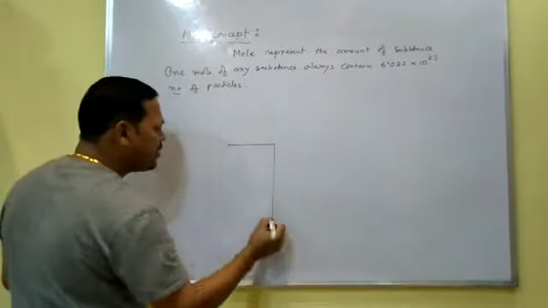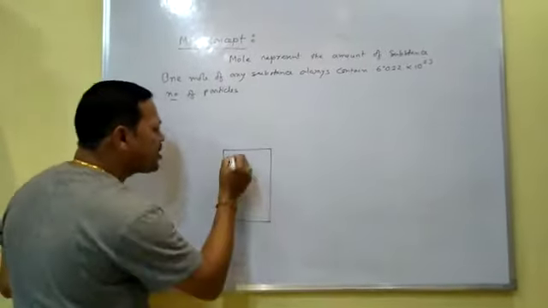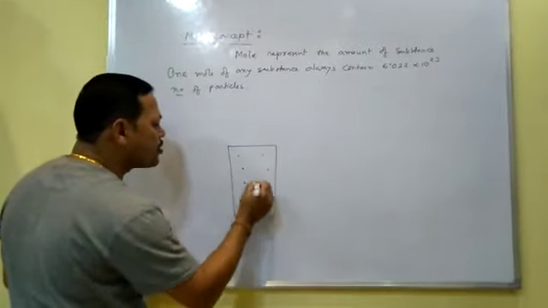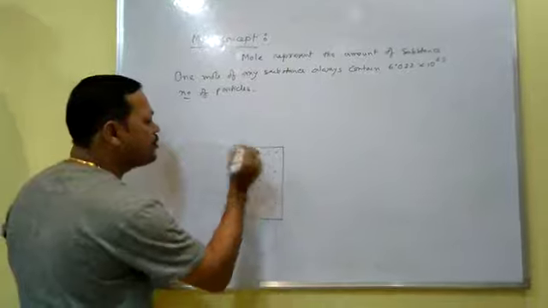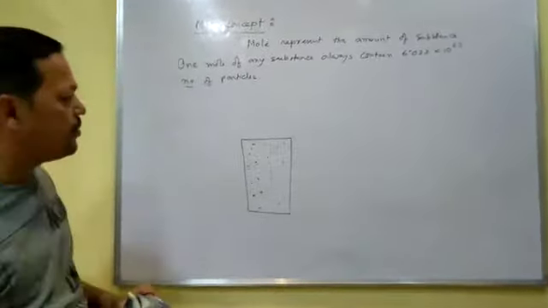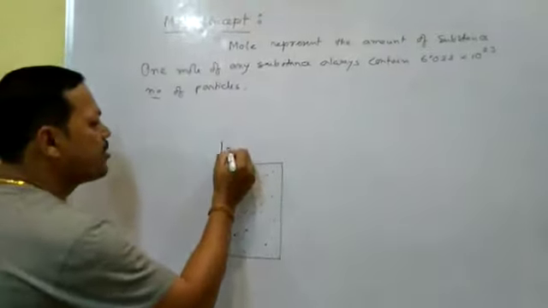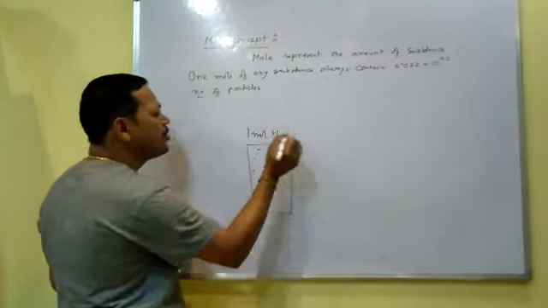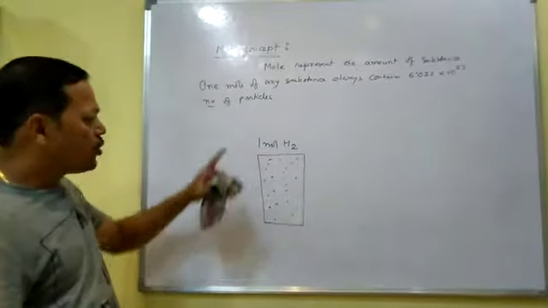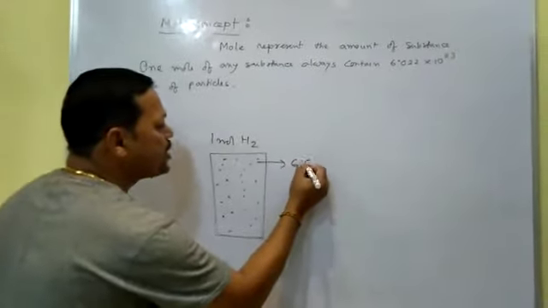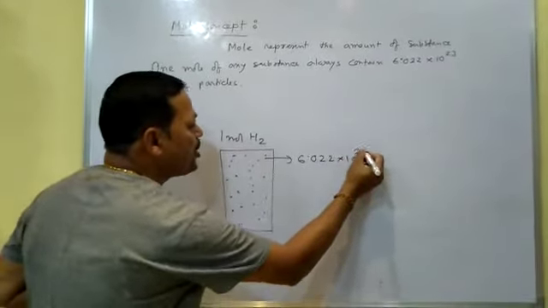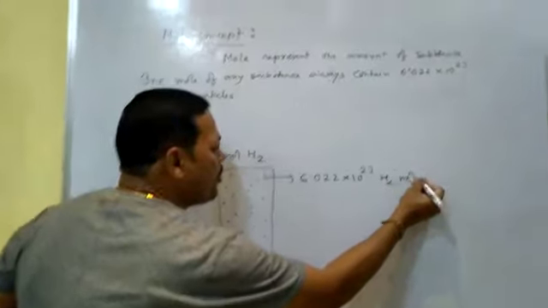Suppose this is a container, and the container contains a gas, and these are the molecules of the gas. Suppose this is hydrogen gas, I mean these are the hydrogen molecules present inside the container. So suppose 1 mole of hydrogen gas is present here. If the container contains 1 mole of hydrogen gas, you can write 6.022 into 10 to the power 23 hydrogen molecules will be present.